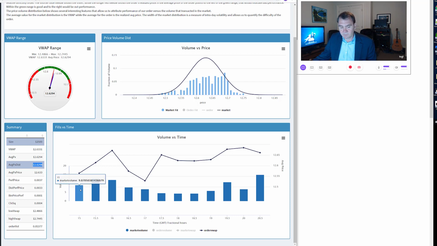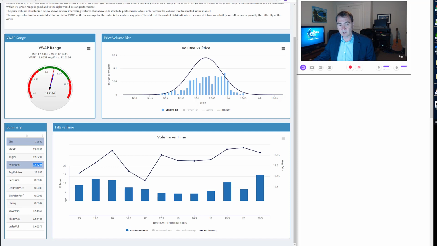If we had matched the volume profile that we saw in the market exactly, and we multiplied it by the average prices we got within each of these 30-minute bins, we would have got an average price of this, 12.6298. The difference between that and our benchmark, 12.6331, that's going to be the deviation that is as a result of us not matching the market volume profile.